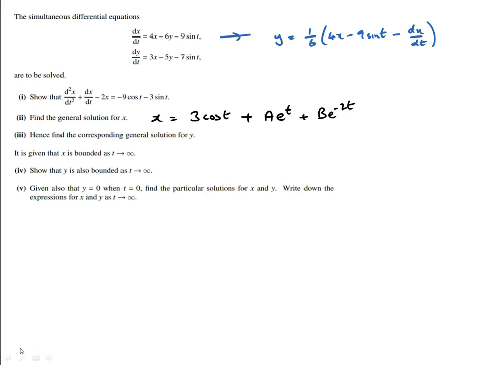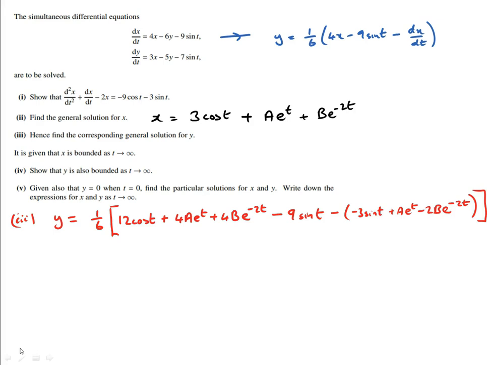So we've now got to find the general solution for y as well. Well, we've already worked out earlier on that y is 1/6 of 4x minus 9 sin t minus dx/dt.